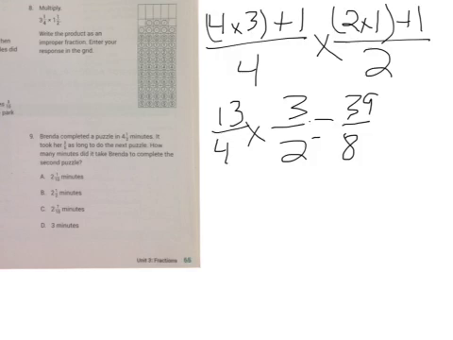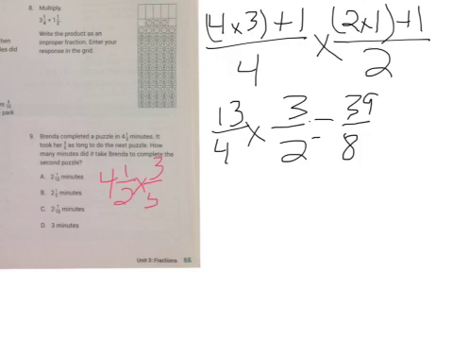So number 9 reads, Brenda completed a puzzle in 4 1/2 minutes. It took her 3/5 as long to do the next puzzle. How many minutes did it take Brenda to complete the second puzzle? So we know our problem is going to be 4 1/2 times 3 over 5.